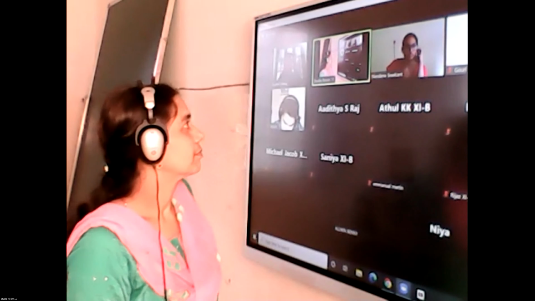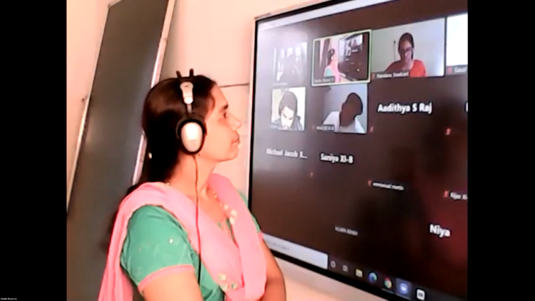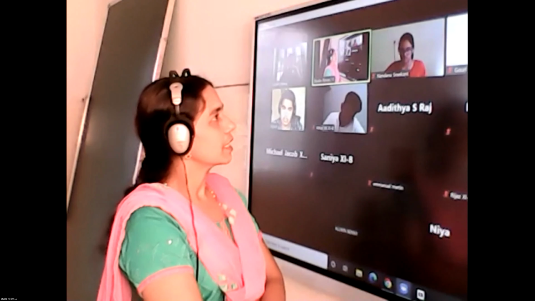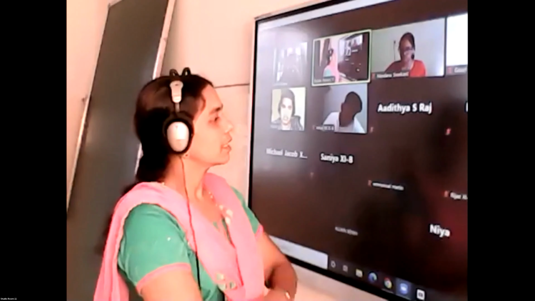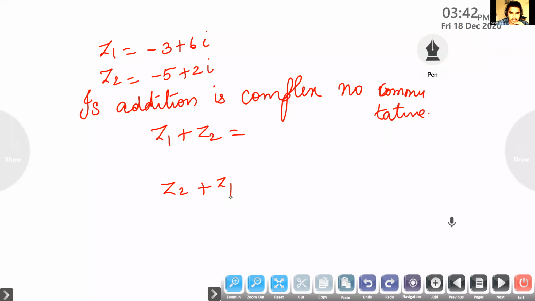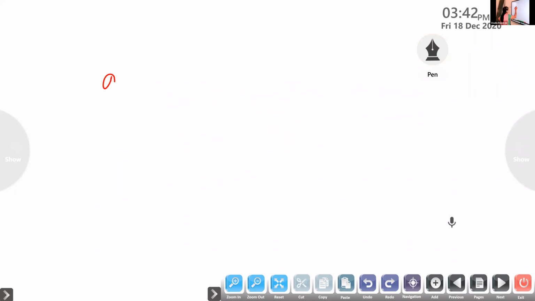Similarly, we can prove that in complex numbers addition is associative. Commutativity we have learned as A plus B is equal to B plus A. What about associativity? We are learning this property from sixth. A plus B in brackets, plus C, is equal to A plus in brackets B plus C. Very good.